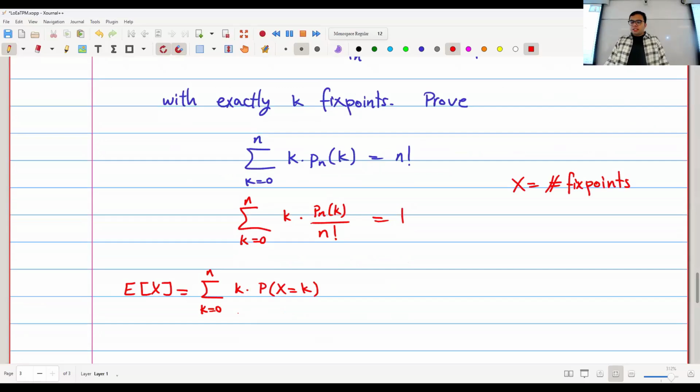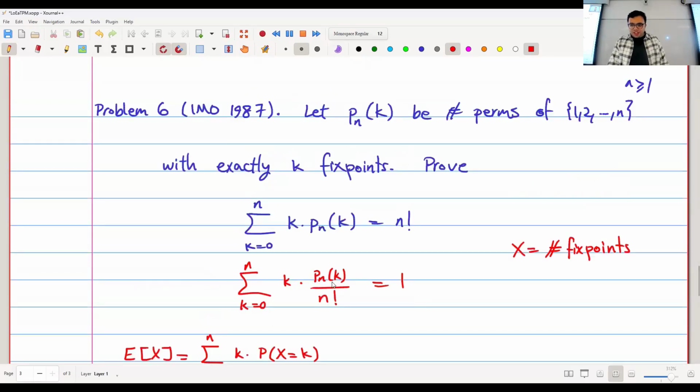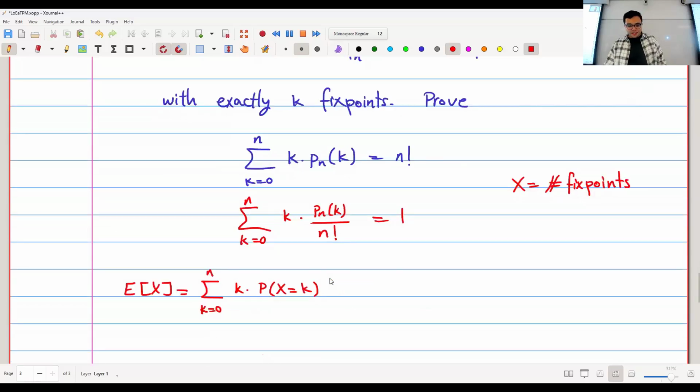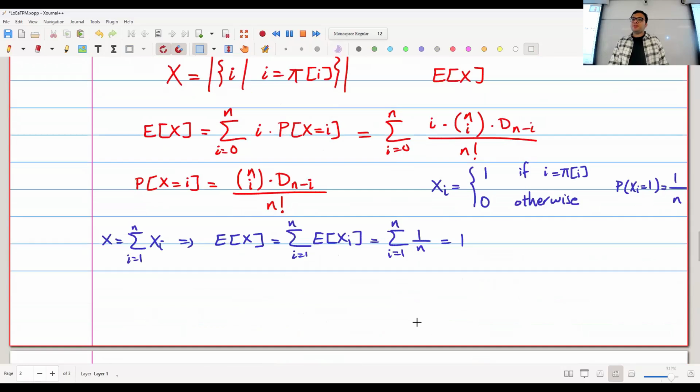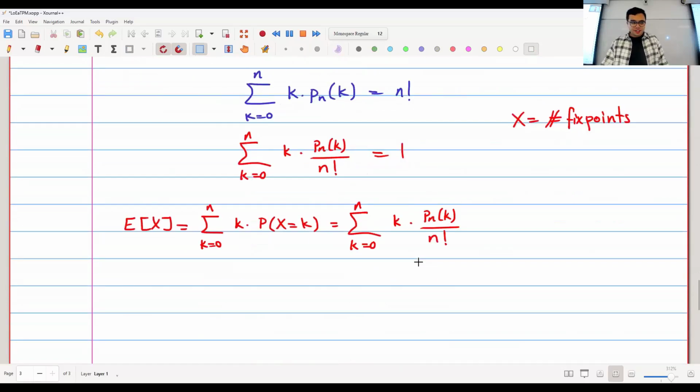The probability that I have exactly k fixed points is the number of permutations that have k fixed points divided by n factorial. So it's exactly this, equal to my left-hand side here. And it's also equal to 1 because of the previous problem. I've shown that this expected value is 1.